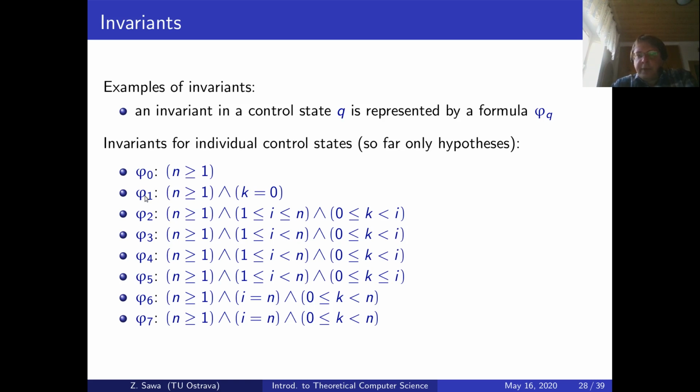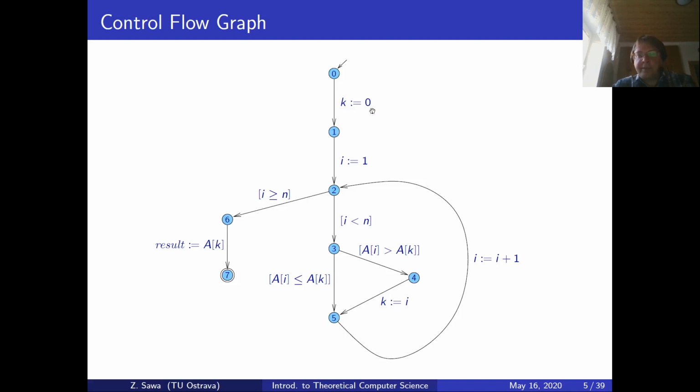For example, in state 1, after value k has been assigned value 0, we can be sure that here the value of k will always be 0. On the other hand, here we cannot be sure that the value of I will be 1, because the value of I could be incremented here. If the algorithm goes several times through this cycle, the value of I could be 1, 2, 3, and so on with each iteration.